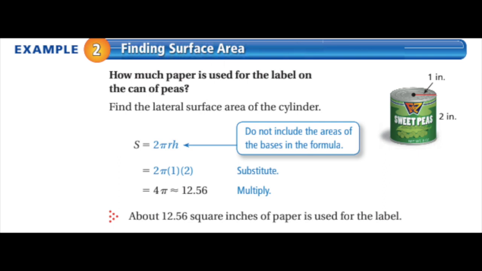We can see the radius is 1 and the height is 2. So when you substitute those numbers in, you get 2 pi times 1 times 2, which gives you 4 pi after you've simplified. 4 times 3.14 leaves you with an approximation of 12.56, and this would be square inches. So your final answer is 12.56 square inches of paper is used.